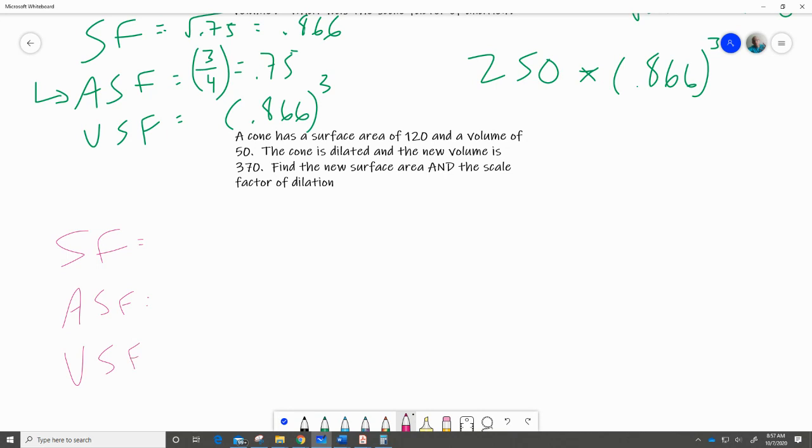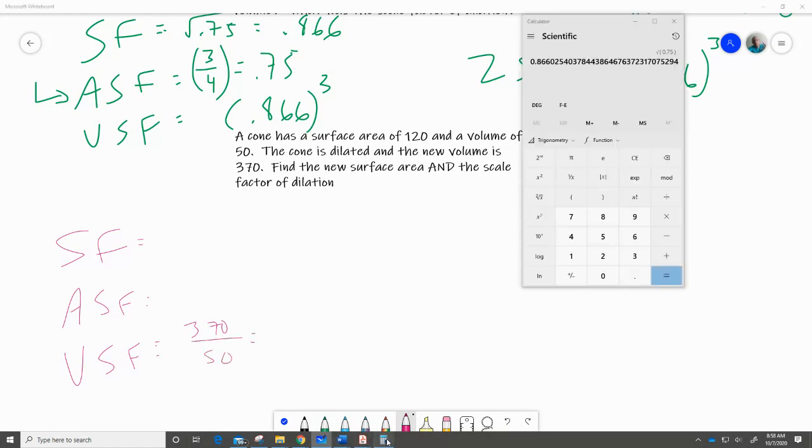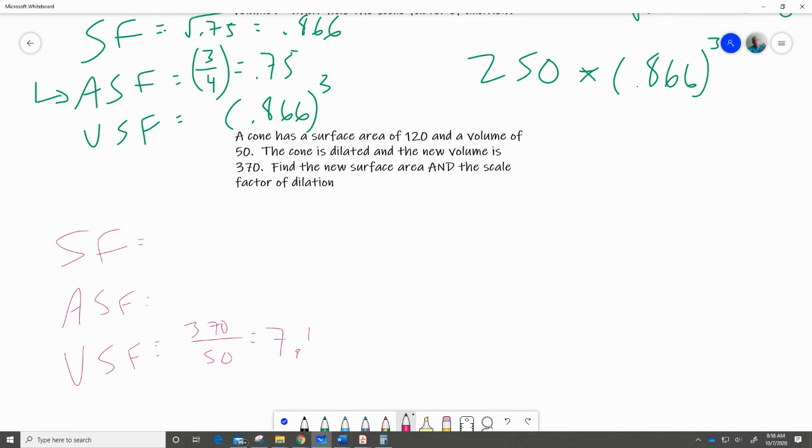The volume scale factor, all right? We know the first volume was 50 and the second volume was 370. So our volume scale factor is going to be 370 over 50, which is 7.4. That's what the volume multiplies by.